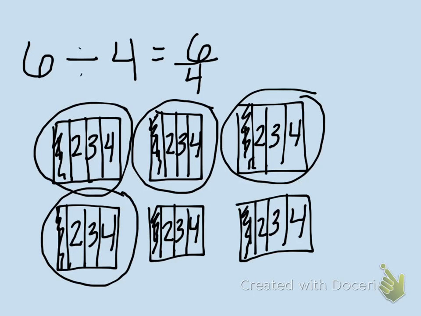And then they would get an additional 1/4, 2/4. So if I use what I know about fractions, I can see that 6/4 is equal to 1 and 2/4. Or I can simplify it even further by saying that that equals 1 and 1/2.